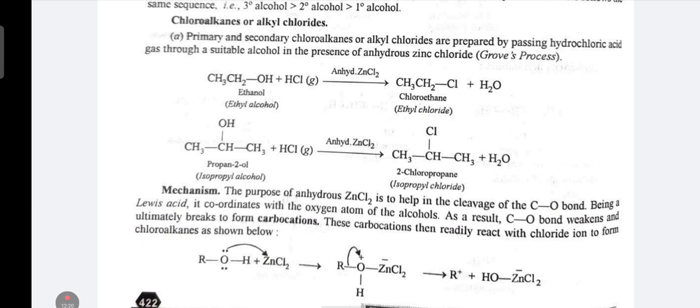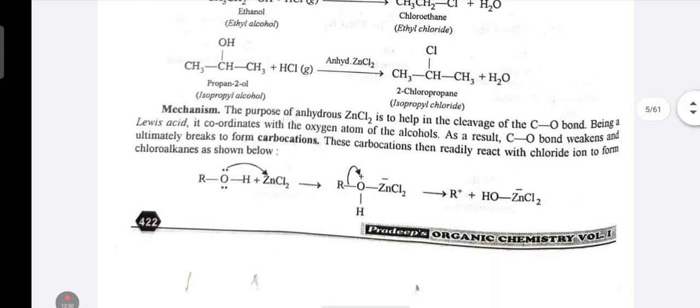Anhydrous zinc chloride helps in the cleavage of the C-O bond. Being a Lewis acid, it coordinates with the oxygen atom of the alcohol. As a result, the C-O bond weakens and ultimately breaks to form the carbocation. This carbocation readily reacts with the chloride ion to form chloroalkane. That is shown in the figure.